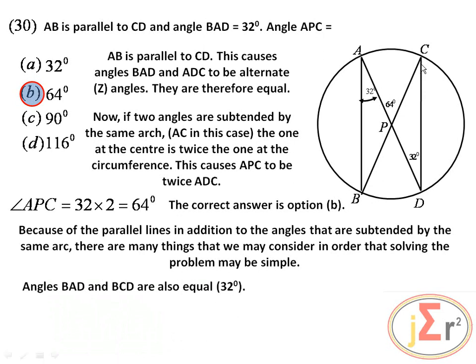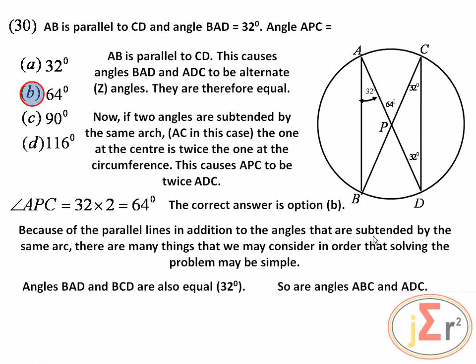So we have BAD is equal to BCD, because these two angles are subtended by the same arc. This is the arc that we are talking about, and this angle is subtended by the arc, and this angle is subtended by the arc.